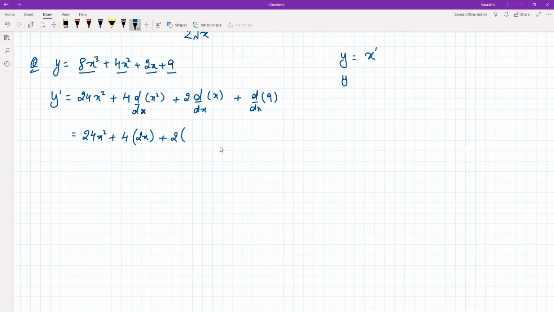So dy by dx will be equal to 1 into x to the power 1 minus 1, that is 1 into x to the power 0, or 1. So this will be 2 into 1 plus d by dx of 9, and 9 is a constant, that is 0. So this comes out to be 24x square plus 8x plus 2. That is the complete dy by dx.